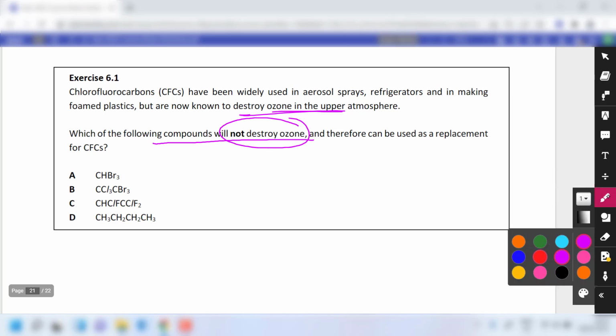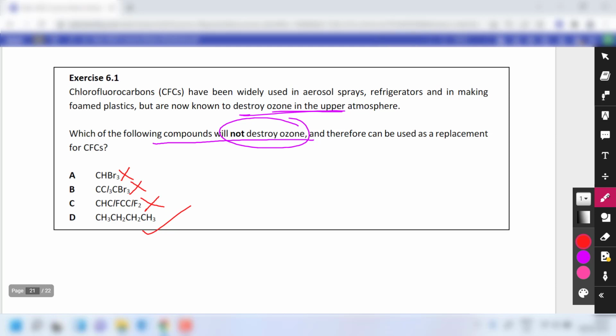Definitely we are not going to choose this because it contains a C-Br bond, which is even weaker than C-Cl. We're not going to choose this because it contains a C-Br bond. We're not going to choose this because it contains a C-Cl bond. So the best example we can choose is butane, because it doesn't contain any C-Cl, C-Br, or C-I bond, which makes it safe.